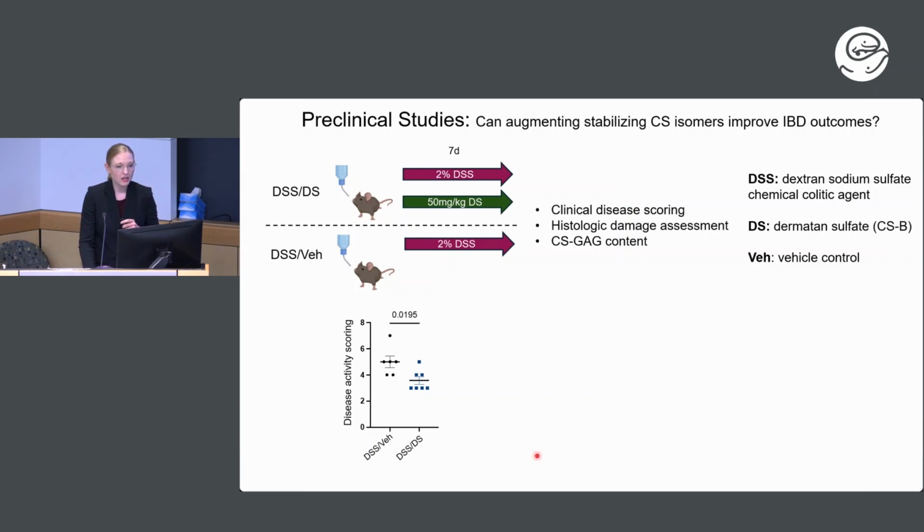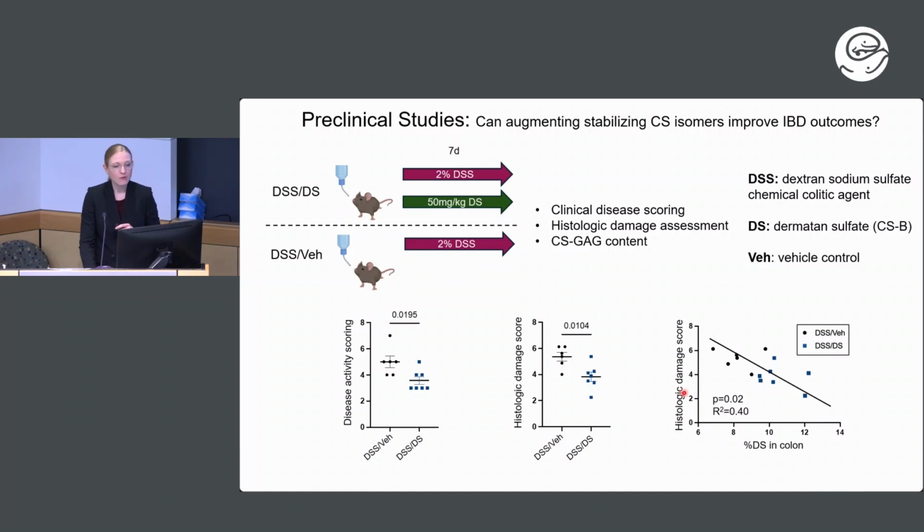When we look at the group that got the stabilizing dermatan sulfate isomer, their clinical disease scores were lower, so an improvement in clinical disease outcomes. When we look at their histologic damage, lower scores, so improved pathologic outcomes as well. And when we look at how that histologic damage correlates to the percentage of dermatan sulfate in the colon, there's this nice relationship.